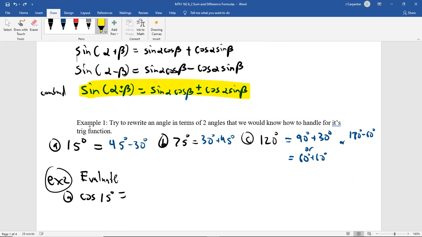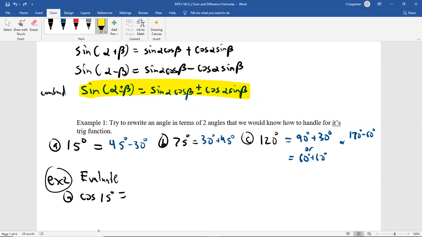And yes, 15 degrees you could certainly write as 16 degrees minus 1 degree, but there's no point because you don't know how to handle 1 and 16 degrees trigonometrically. You know how to handle 30s and 45s and 60s and multiples of 90 and all the other 210s, 225s, things like that, that all break down to a reference angle with 30 or 45 or 60.